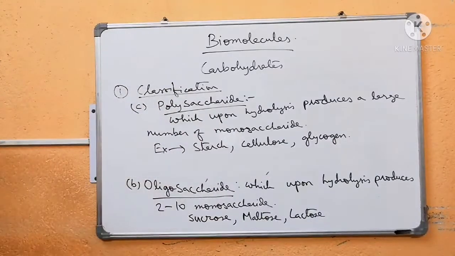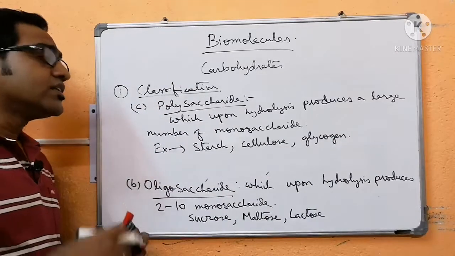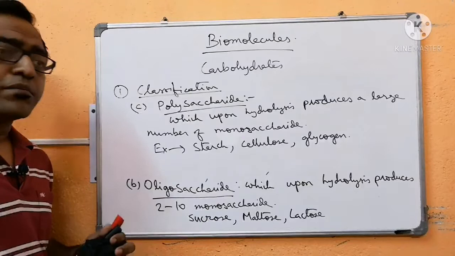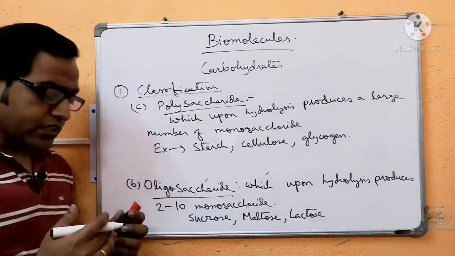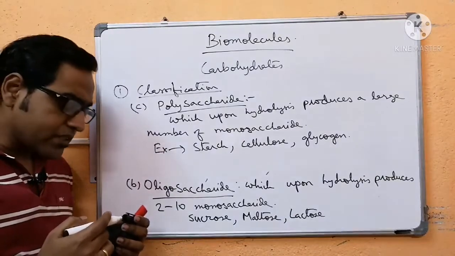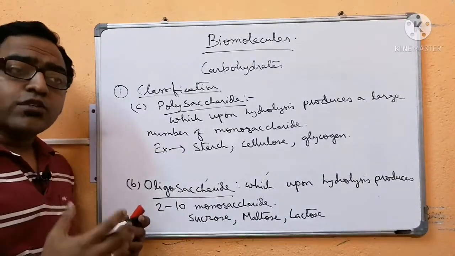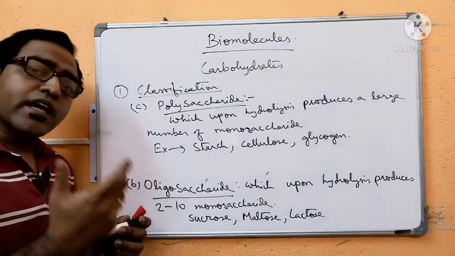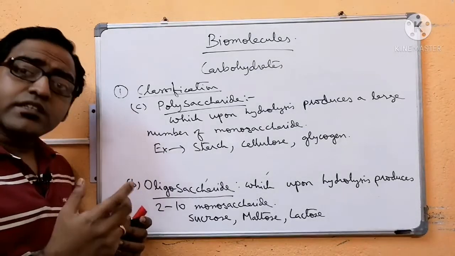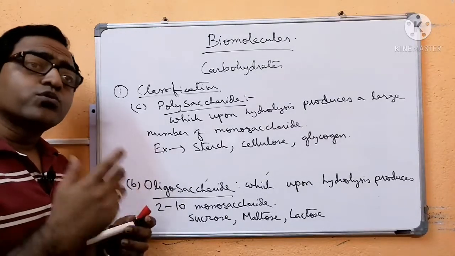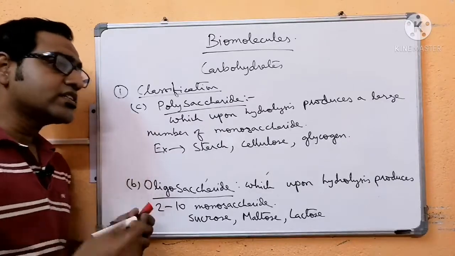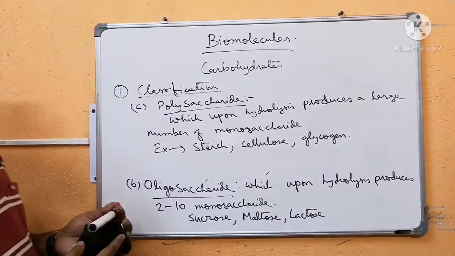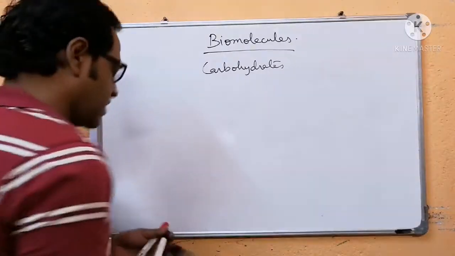Next we will move on to the second type of classification, because there are certain carbohydrates which are mild reducing agents. Mild reducing agent means they can reduce mild oxidizing agents like Tollens' reagent and Fehling's solution. So those carbohydrates are called reducing sugars.